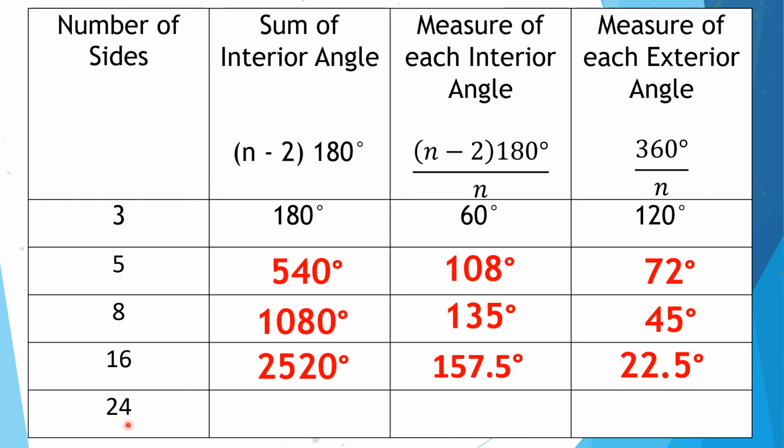Number of sides is 24. Sum of interior angles is 3,960 degrees. Measure of each interior angle is 165 degrees. Measure of each exterior angle is 15 degrees.